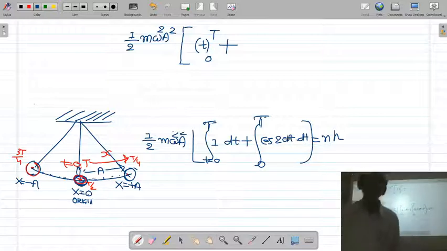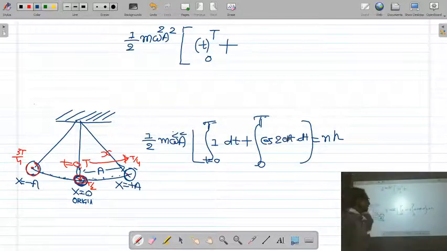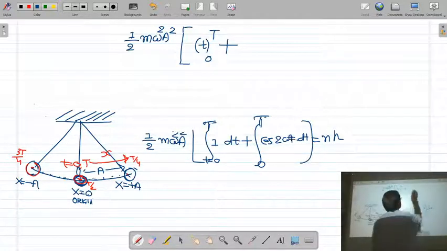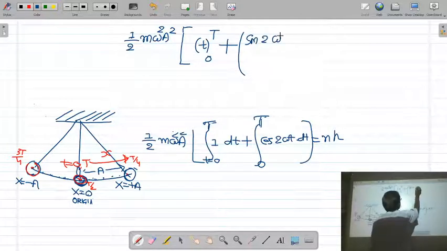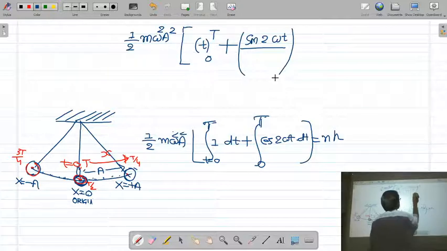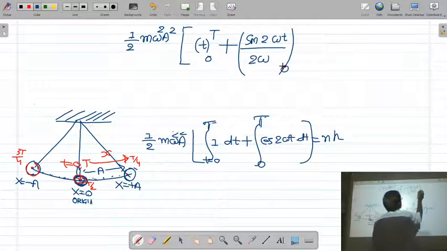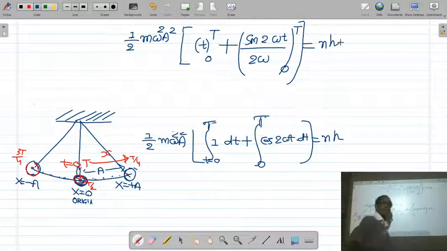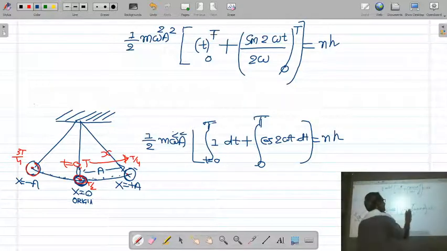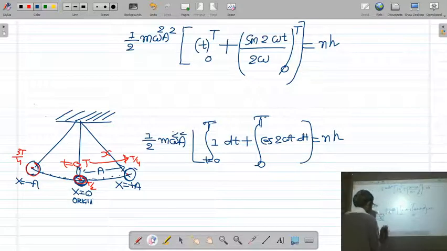You know the integration of cos theta is sin theta. So integral cos 2 omega t can be written as sin 2 omega t divided by the coefficient of t, that is 2 omega, from 0 to T. So this is the value of the two integrations.